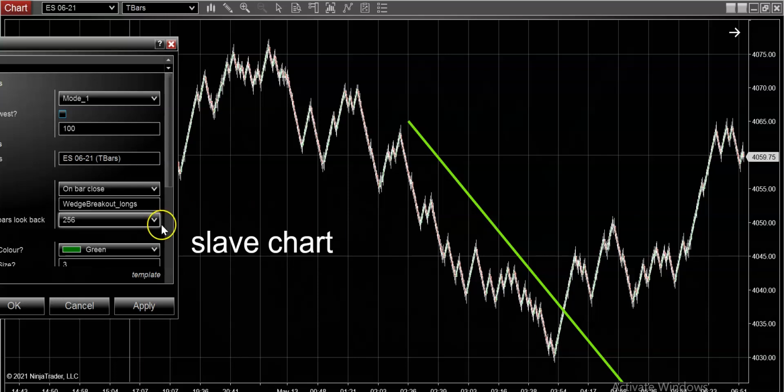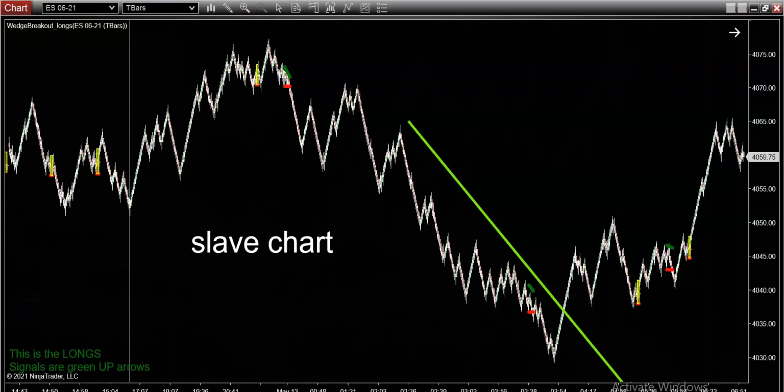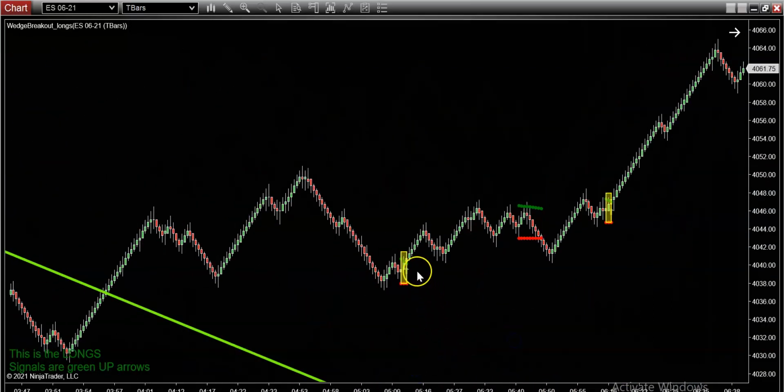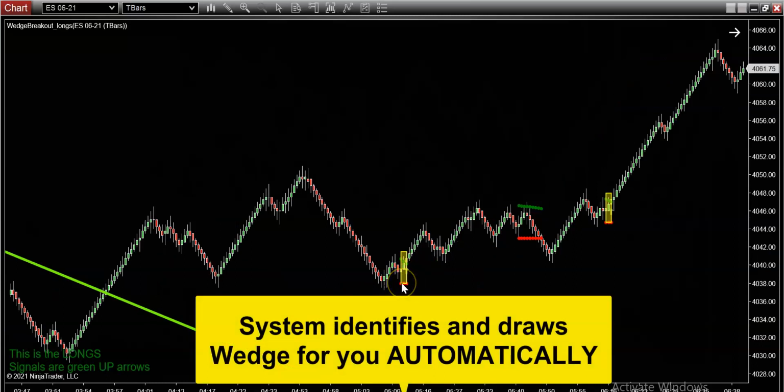Okay, watch this. All I do, can you guys see this? All I do is I slap on the wedge long edition. Watch me hit OK right now. Kaboom. You see that? Let me zoom in here. You see these yellow boxes right here? These are wedge pattern areas.